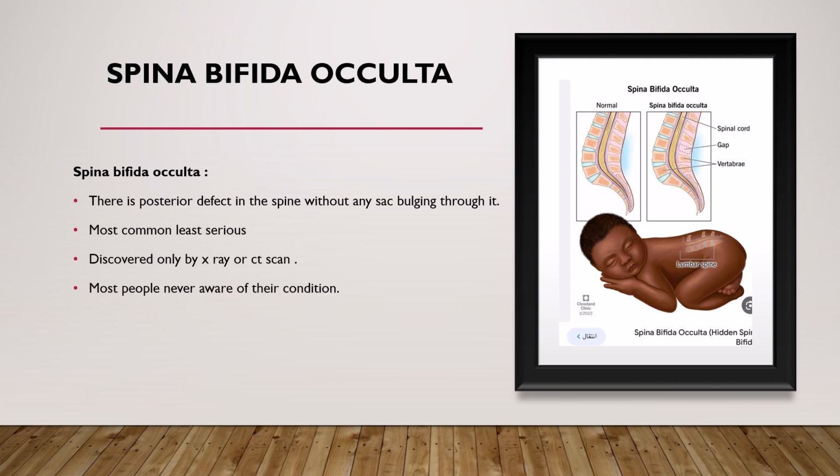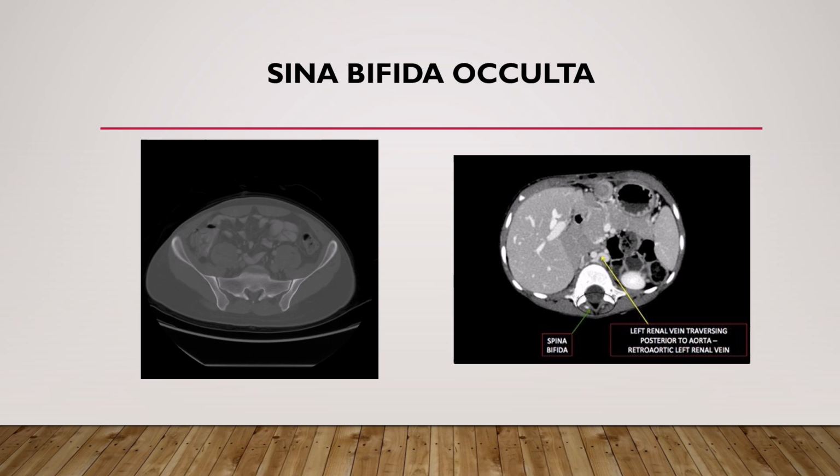There is a posterior element defect in the spine without any sac bulging through it. It's the most common and least serious. This is spina bifida occulta. You can see here there is a defect in the sacrum and a defect in the lumbar spine without any bulging of a sac.